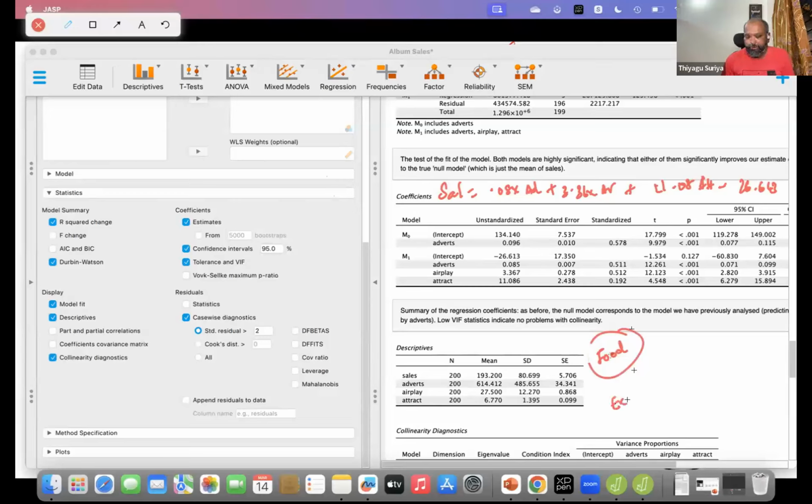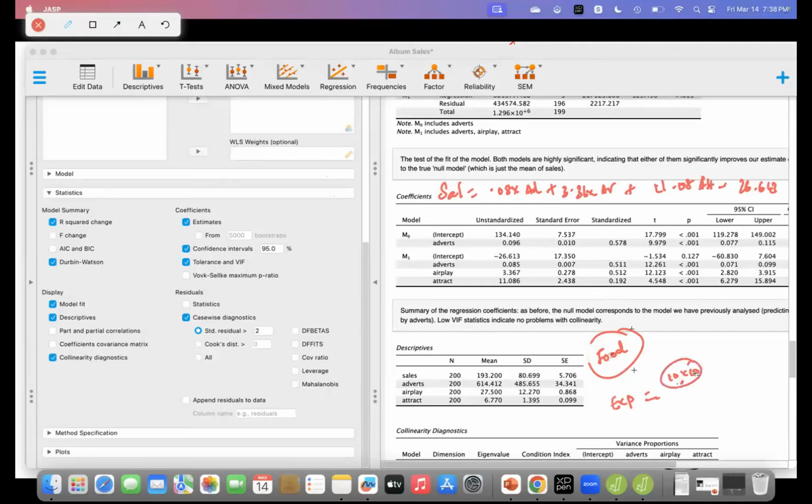The expense I make is my dependent variable. What I'm eating, the quantity, multiplied by the price. For example, I'm eating a parotta, or 10 parottas. Each parotta is 10 rupees. If you have 10 parottas at 10 rupees, how much? 100 rupees. Therefore, the expense is 100.